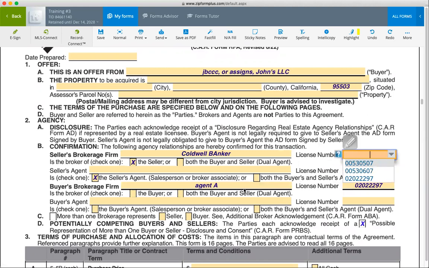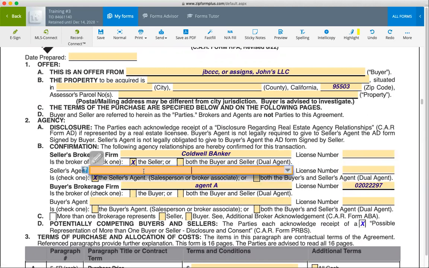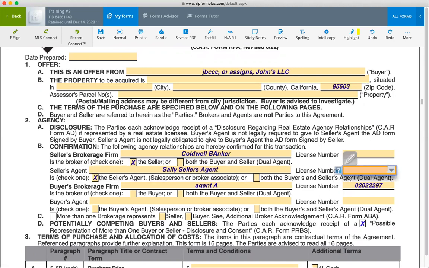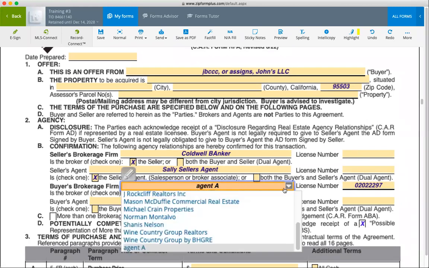You can find their number on the DRE website if you need to. And they're representing the seller only. And then the seller's agent would be the agent's name. Sally, seller's agent. And Sally's license number. And then the buyer's firm would be our firm.